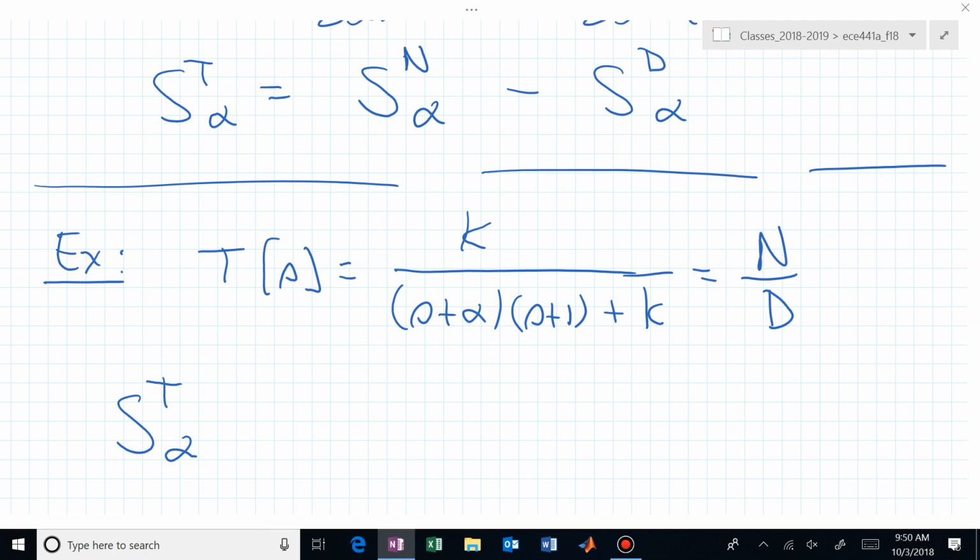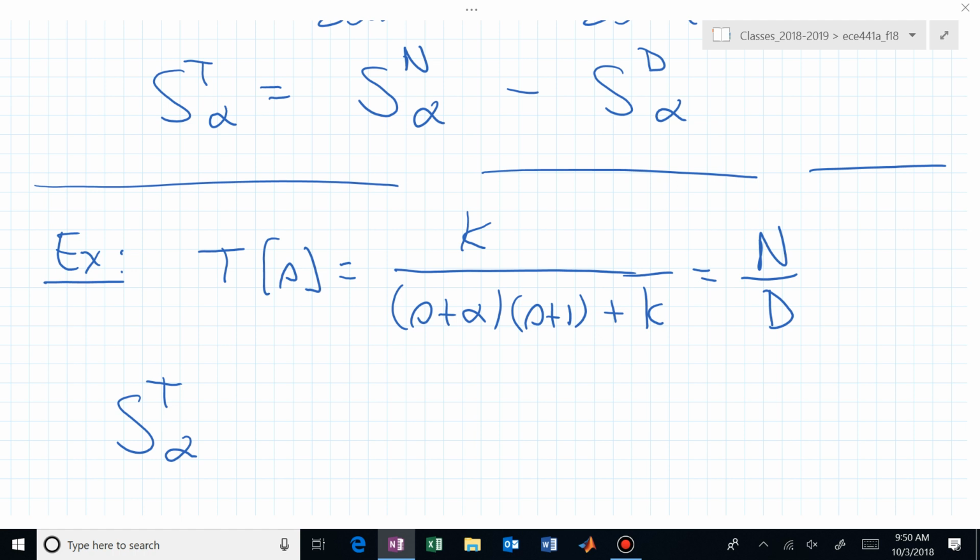What do you see happening when we find the sensitivity of the numerator with respect to alpha? What's the sensitivity of K with respect to alpha? We're going to have to find the partial of N with respect to alpha. What's the partial of K with respect to alpha? 0.